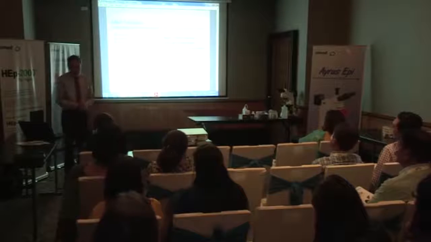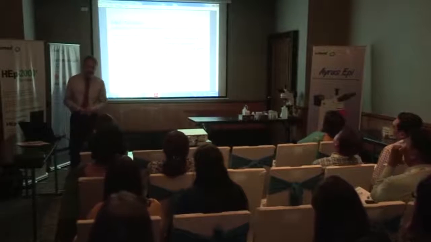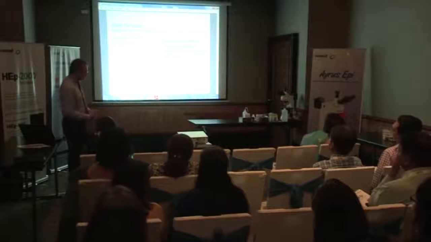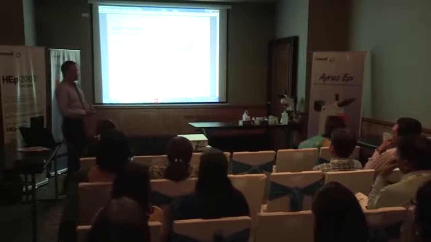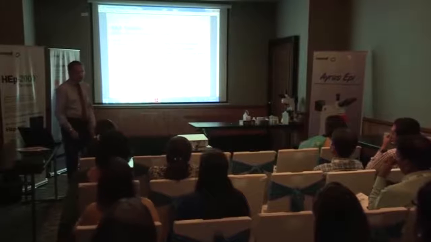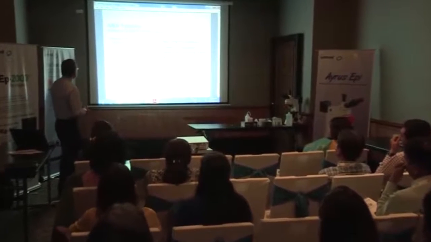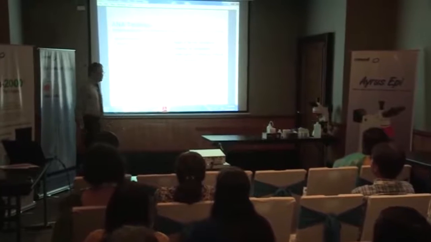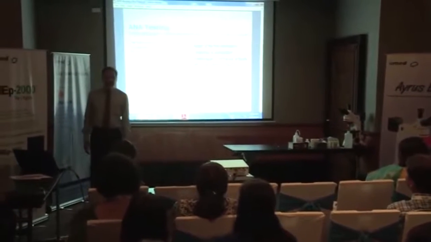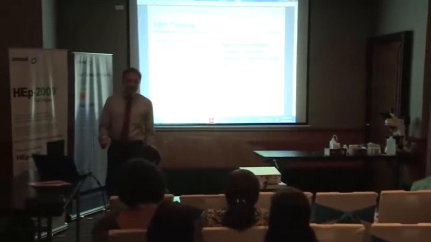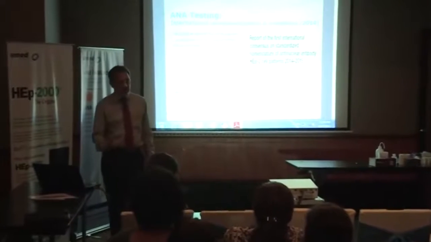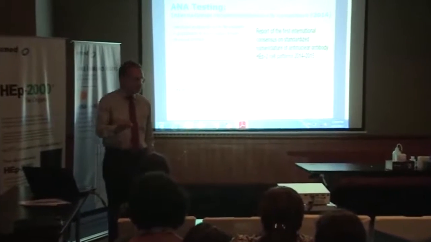Now let's talk about what has come recently in ANA testing by immunofluorescence. There are two publications which have been released in the last couple of years. The one is the international recommendation for assessment of autoantibodies. A very significant change has come into the nomenclature. Now the term ANA is outdated.